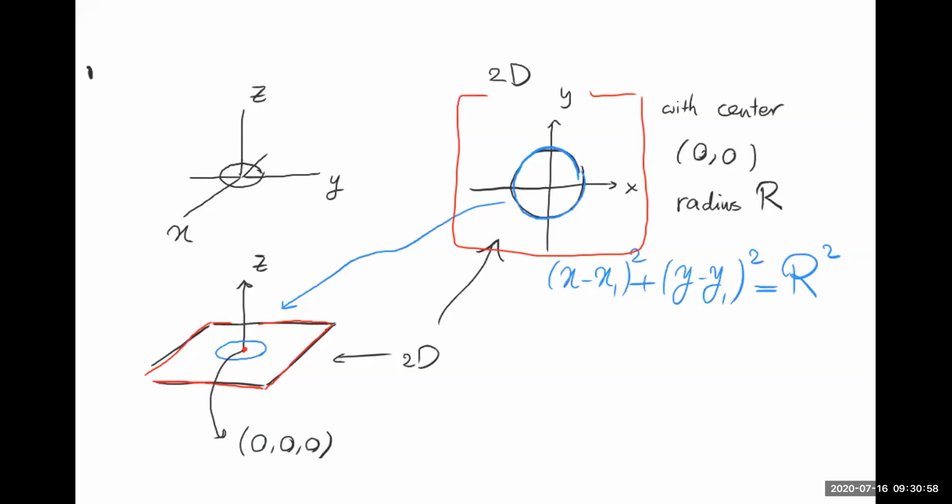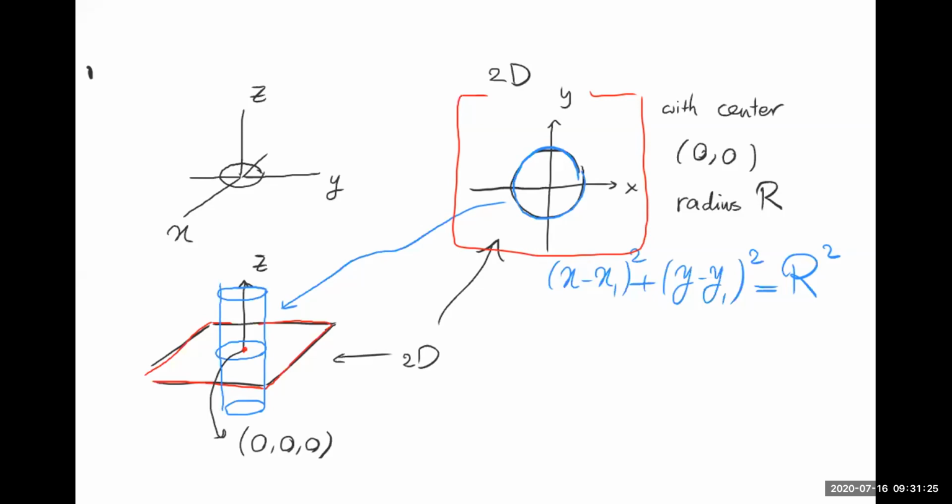The last component is the z component, but the z component is also 0. Now look at the cylinder which passes through this circle. I want to write down the equation of this cylinder. What is the equation of this cylinder which passes through that circle and is parallel to z?